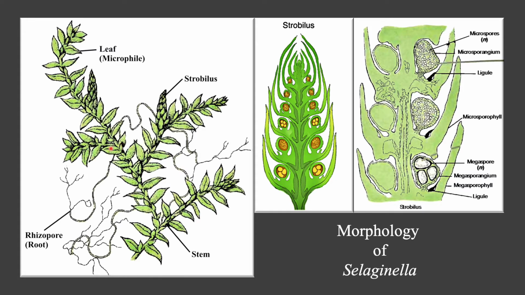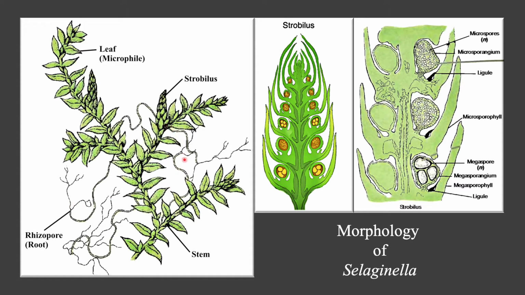A long, slender, root-like organ is given off from the stem, which is known as the rhizophore. Rhizophore means root bearer. One side of the rhizophore is attached with the stem and the other side of the rhizophore contains roots. That is why it is called rhizophore.